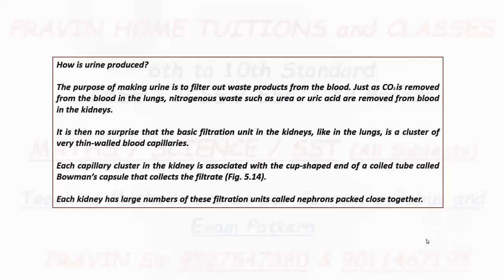Each kidney has a filtration unit called a nephron. They are closely packed together. Each nephron is associated with the cup-shaped end of a coiled tube called Bowman's capsule that collects the filtrate.